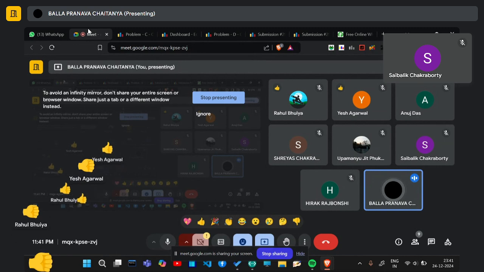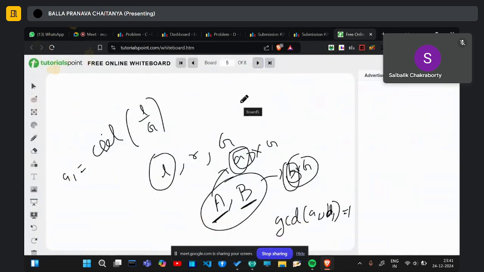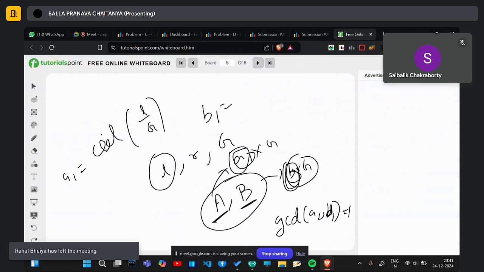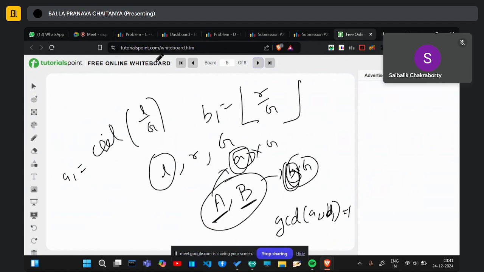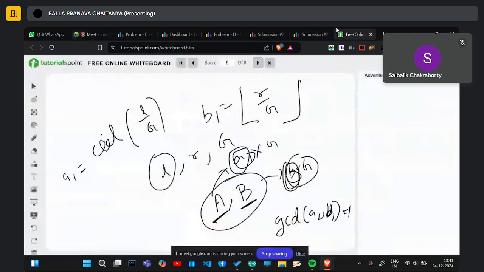Then the other coefficient B1 can be the floor of R by G, the greatest integer. You have to take the floor, or else it will exceed R. So now you've got both points, right?